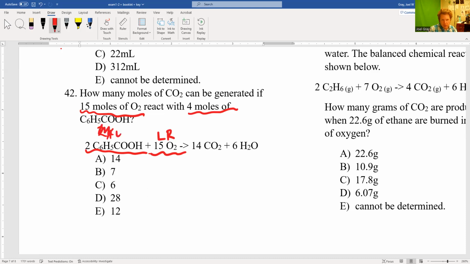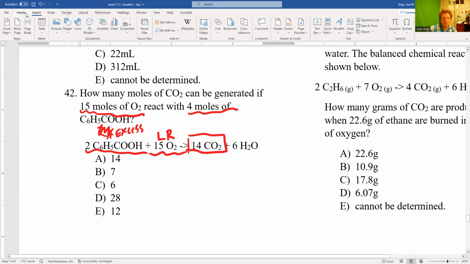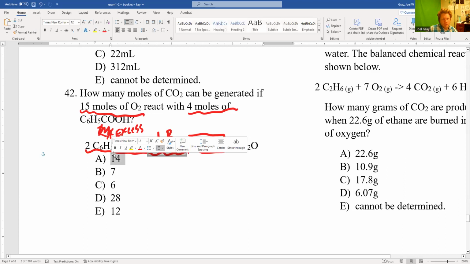And this is in excess. Since that's our limiting reactant, and this is in excess, the question is, how many moles of CO2 can be generated? Well, it's not going to change. It's 14. So our correct answer here is A, 14. And that would be number 42, A.